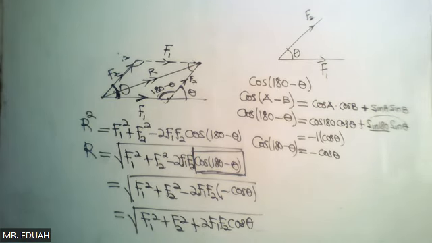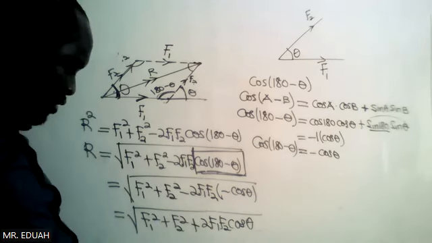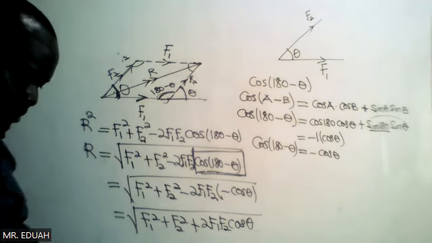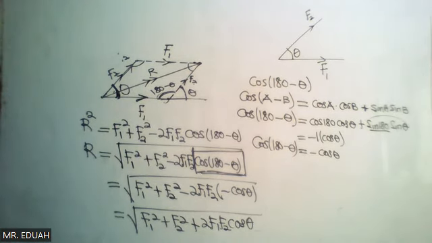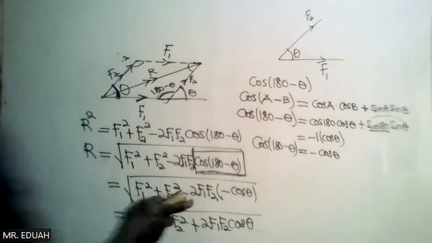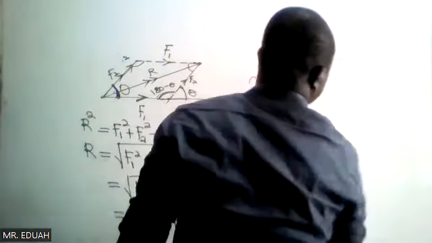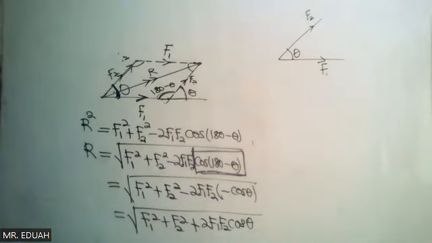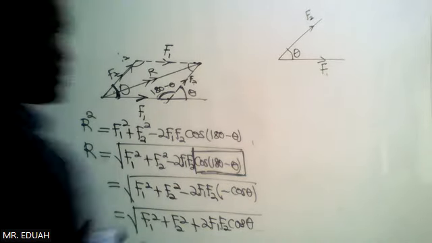Yes, please. All right. So, what did you get for the resultant force? 13.228 Newton. Okay, so let's see. So, the forces are 10 and 15, right?